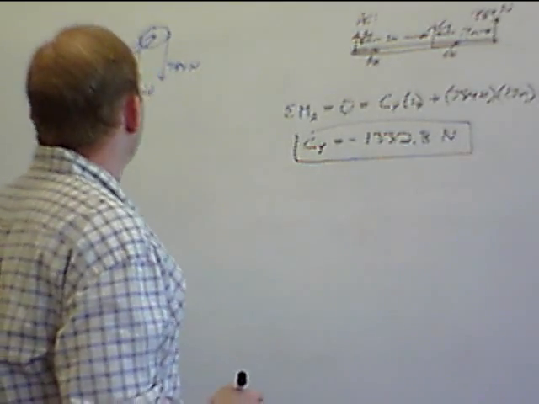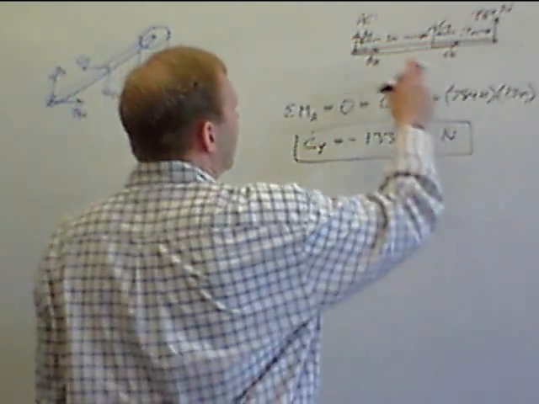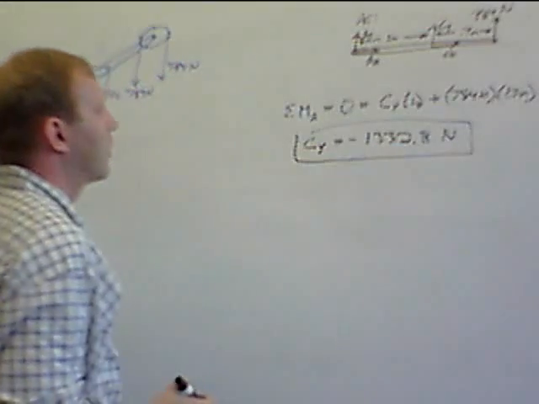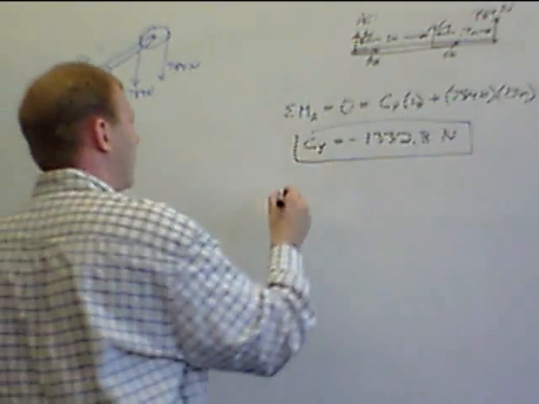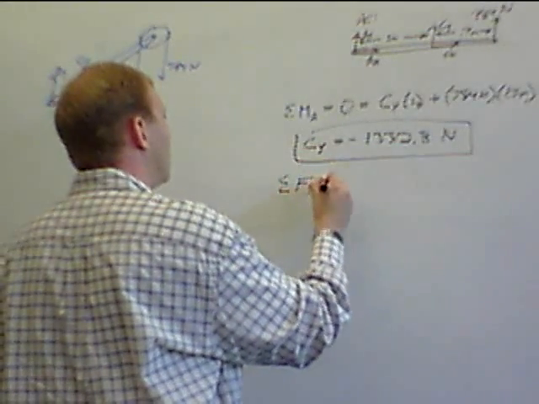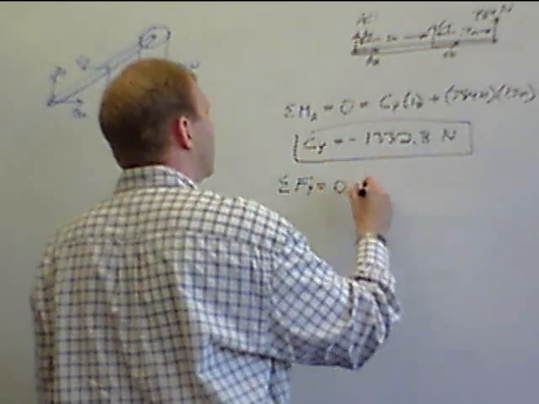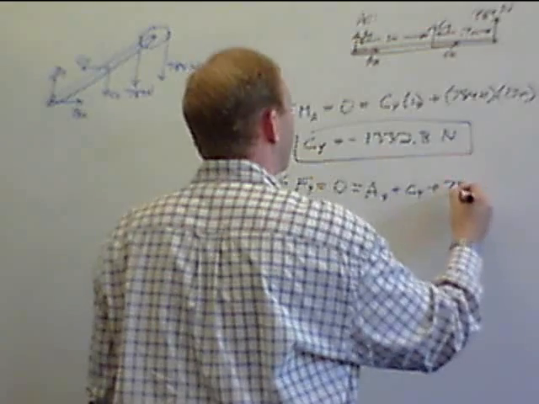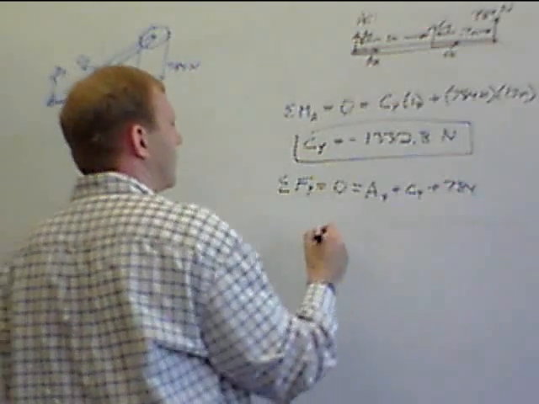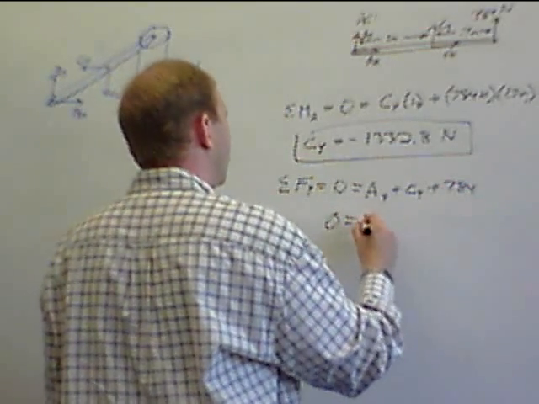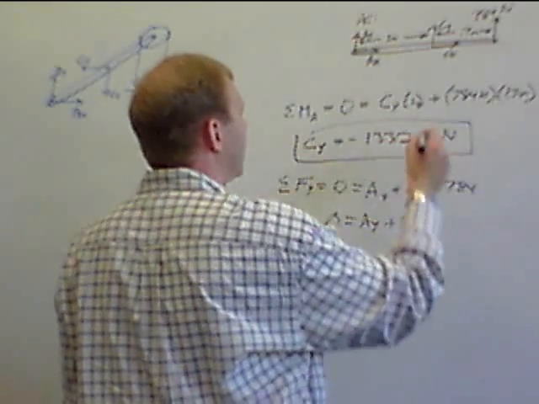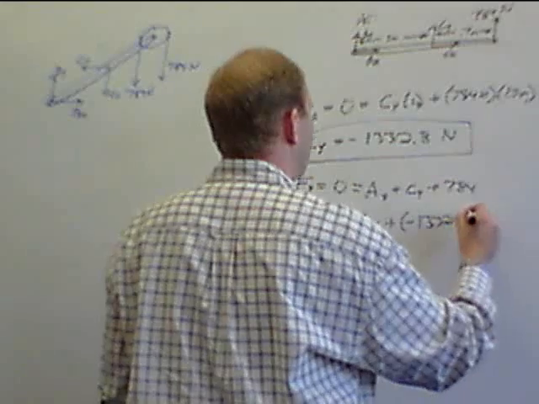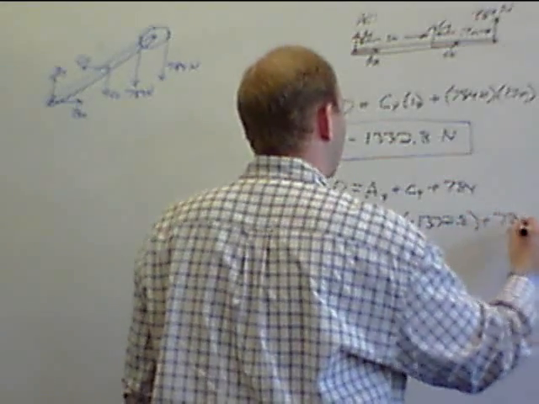Okay, getting AY here, we can do summation of forces in the Y. We could go and take moment about C if we wanted to, but summation of forces in the Y works too. 0 equals AY plus CY plus 784. Okay, so we have 0 equals AY plus CY is our negative 1332.8 plus 784.